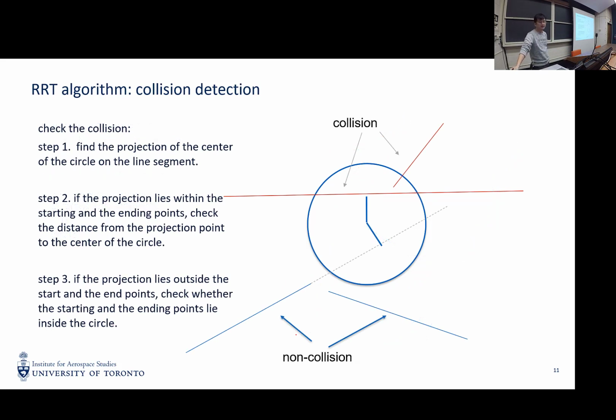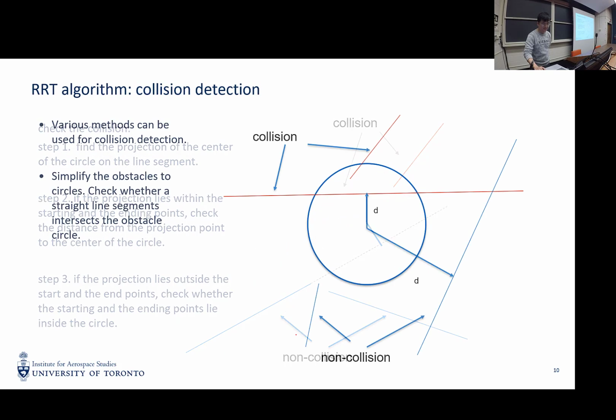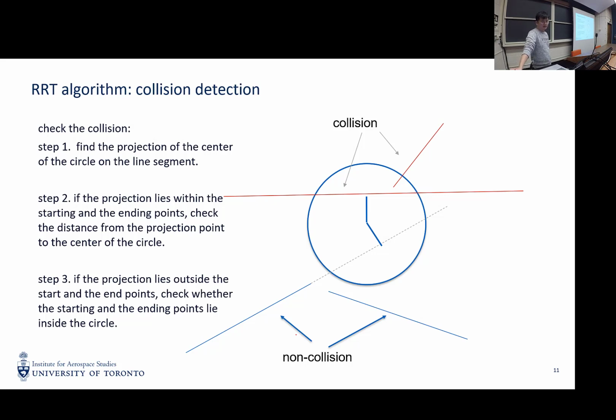The steps for detecting such a collision are as follows. What we do is, from the center of the circle, we do a projection of the center of the circle onto the line formed by the new node and the nearest node on the tree.